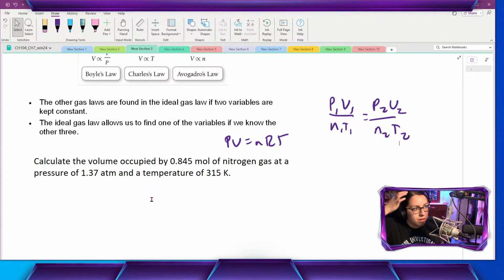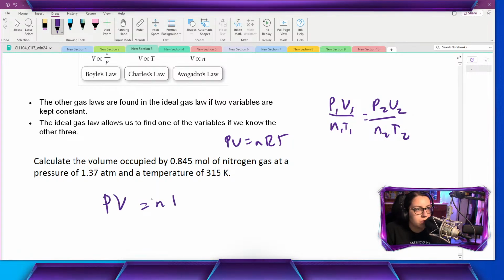All right, let's see how we're doing. It says calculate the volume occupied by 0.845 moles of gas at a pressure of 1.37 atm and a temperature of 315 Kelvin. This sounds like a PV = nRT equation since we're not given any initial or final conditions. They were super nice and already gave it to us in moles, Kelvin, atm, so we don't need to convert.